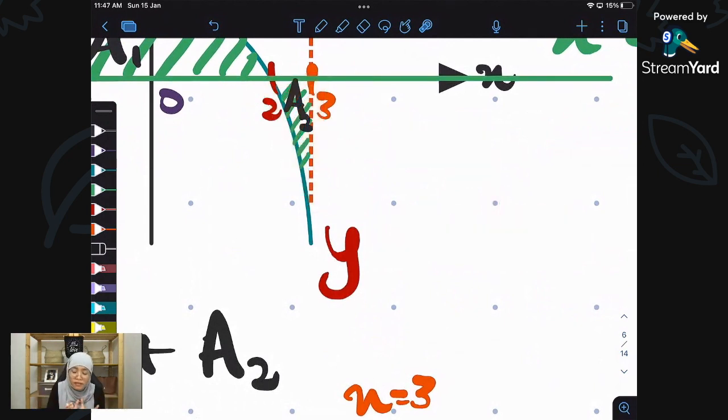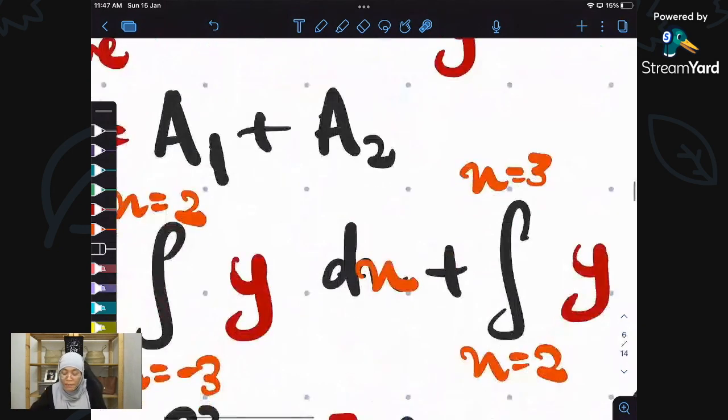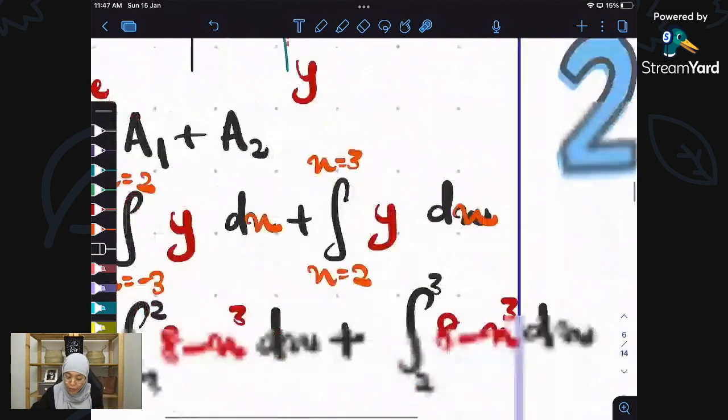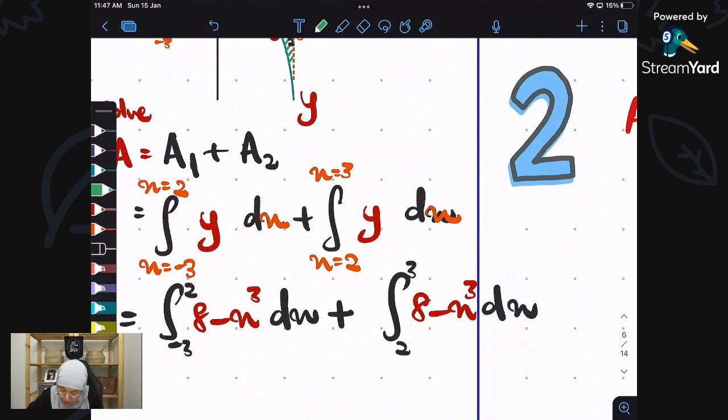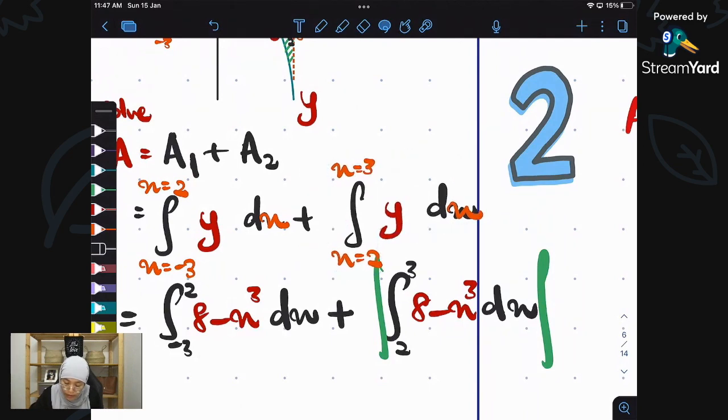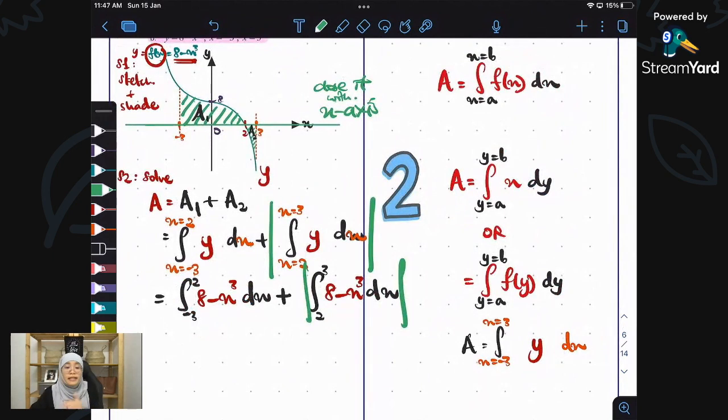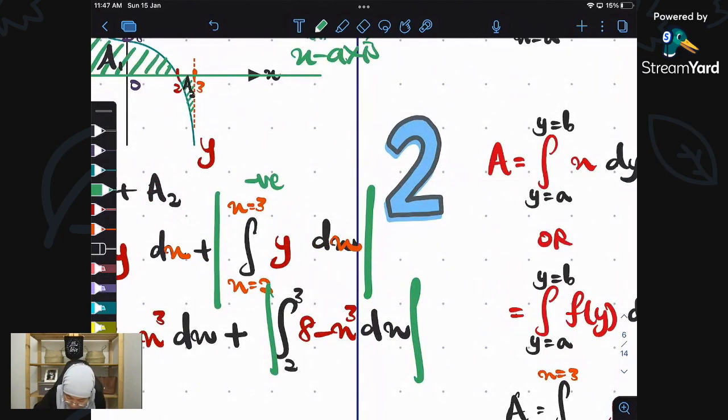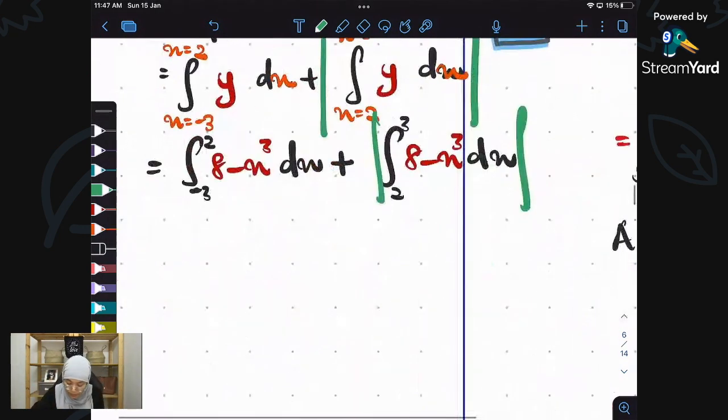Area sentiasa positive value. So macam mana nak mempositifkan negative value tersebut? Kita wajib letak modulus. So this is where students carelessly forgot to put modulus. Okay, so every line, selagi tak jumpa negative value, selagi itulah kena letak modulus di bahagian negative area. Sebab area tak mungkin ada negative. So we must put modulus.